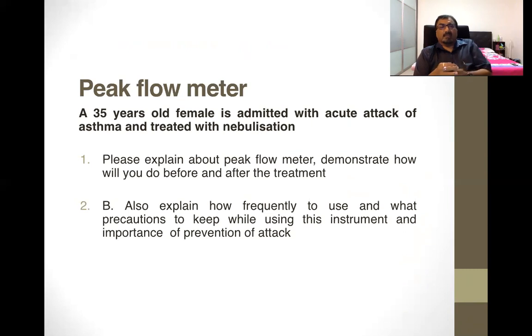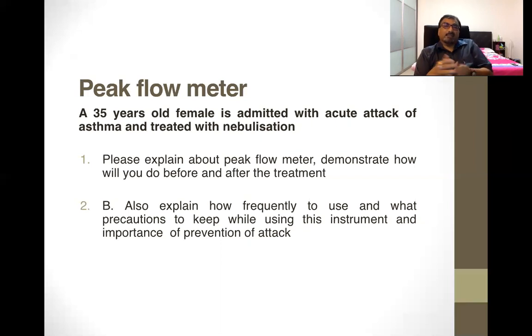Red mark, immediately you should rush to the hospital. Yellow mark, you should titrate a dose, maybe 1 or 2 puffs of MDIs. So explain how frequently to use, how to clean the instrument and keep it properly clean, then what the precautions are, and note the readings in a proper chart.